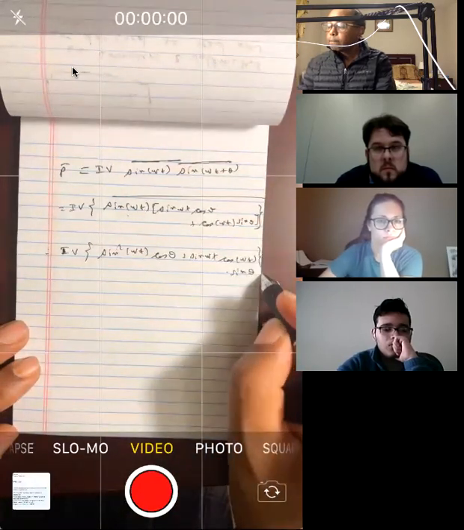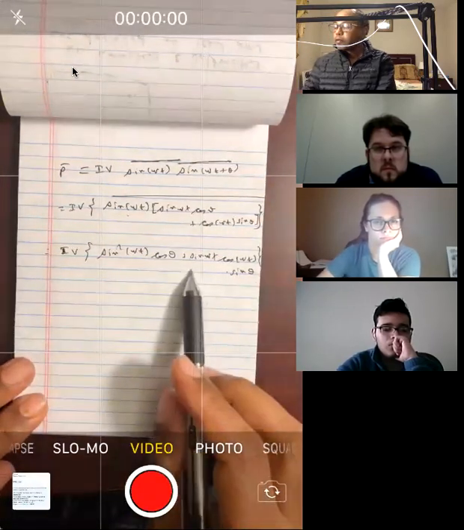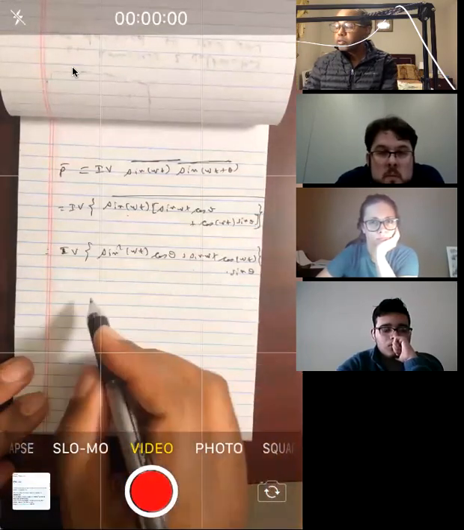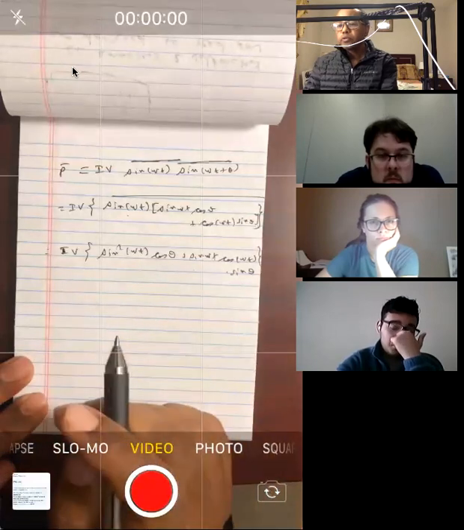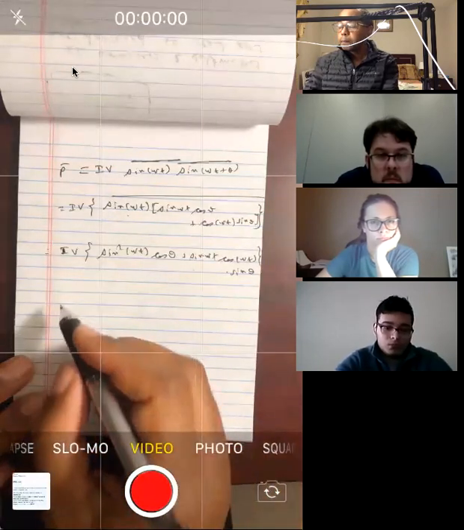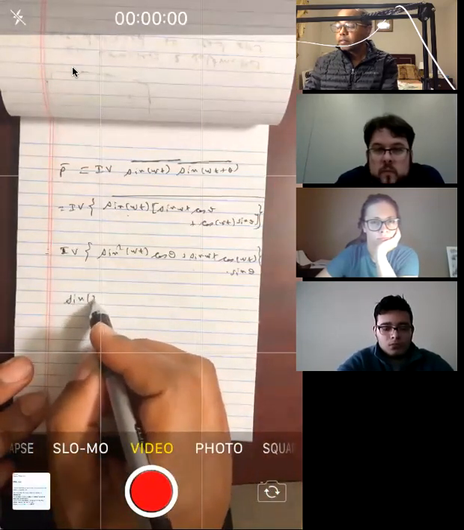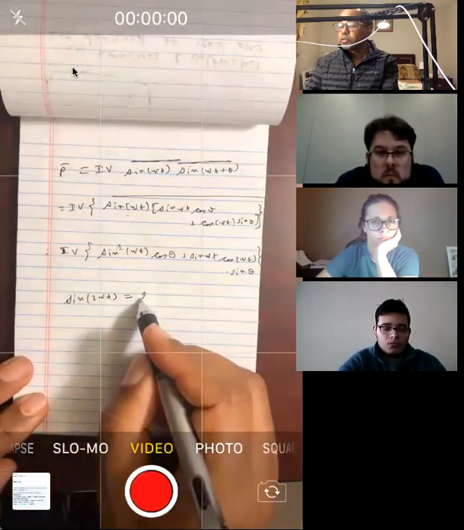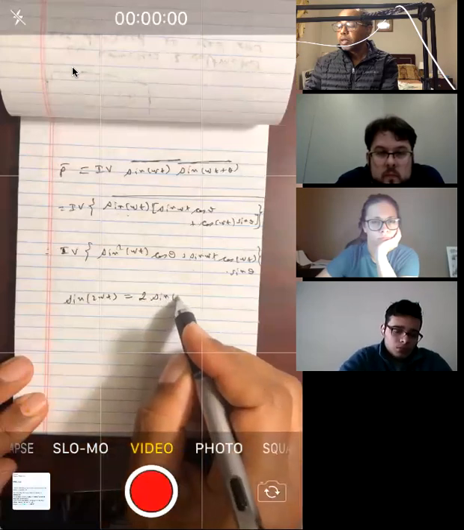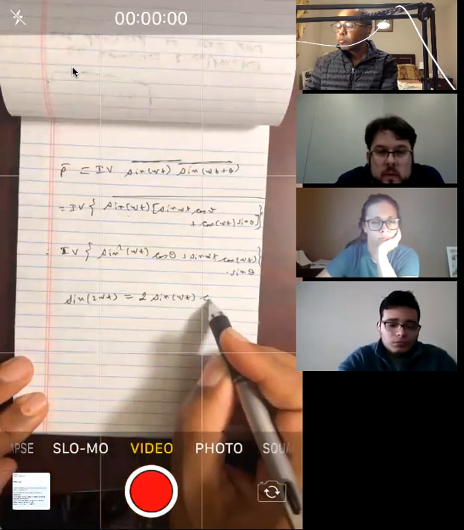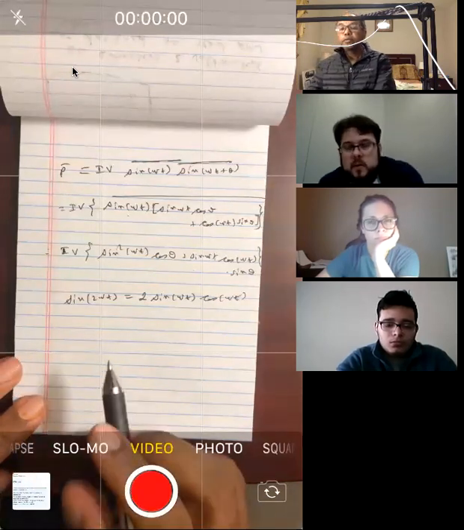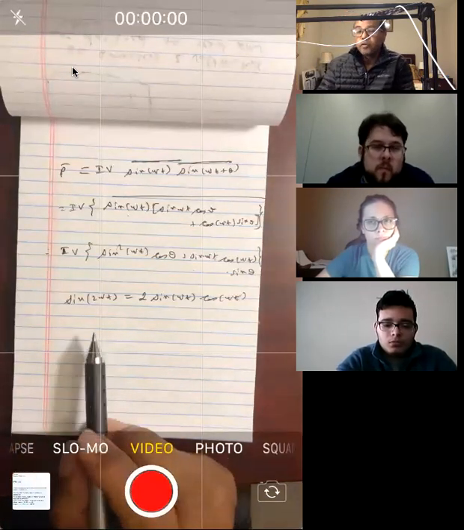Can anybody tell me, do you know the double angle formula for sine? What is sine of 2 omega t? Do you remember trigonometry? It is 2 sine omega t cosine omega t. That's the formula for the sine of a double angle.